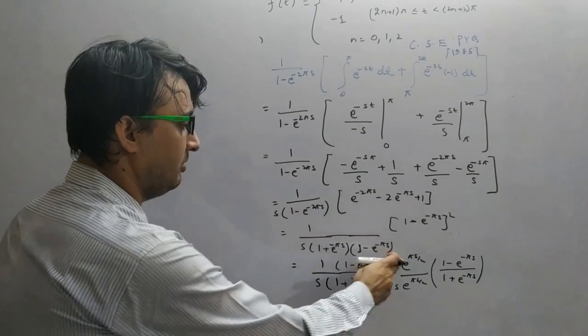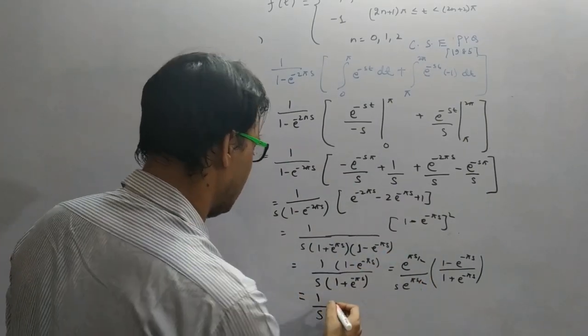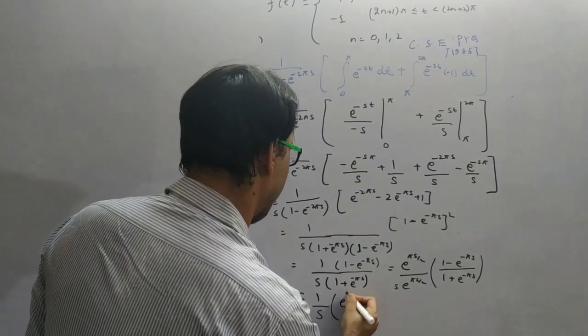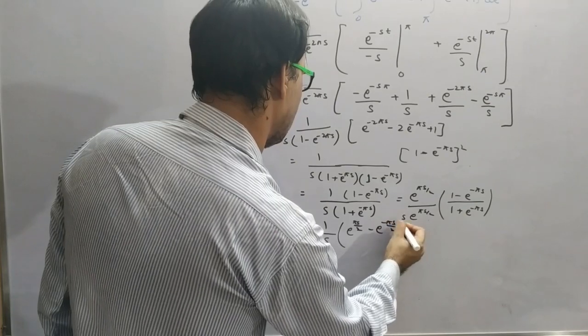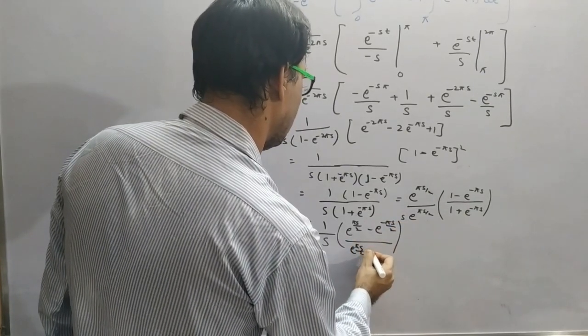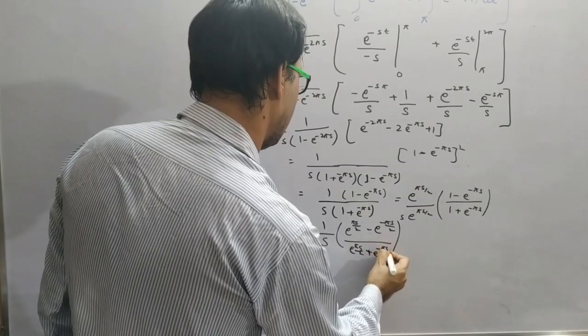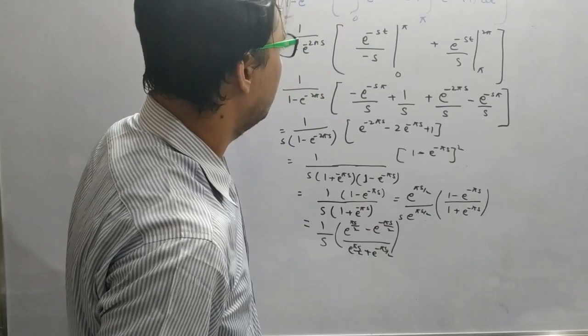Okay. Now, if we take that one inside, it becomes what? e to the power pi s by 2 minus e to the power minus pi s by 2 divided by e to the power pi s by 2 plus e to the power minus pi s by 2. Alright.